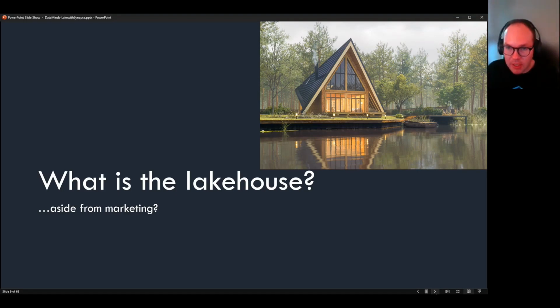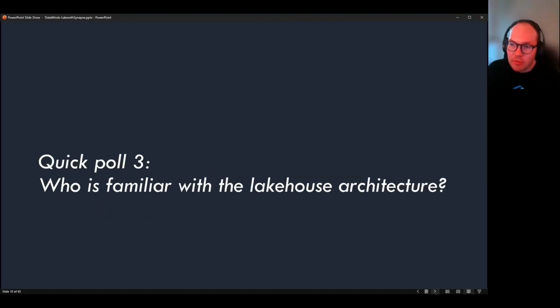But let's actually talk about it. What is it aside from marketing? And before I get to that, who's familiar with the Lakehouse architecture?